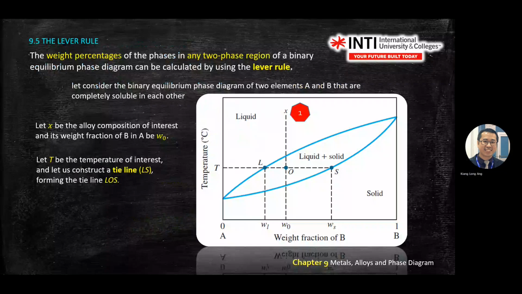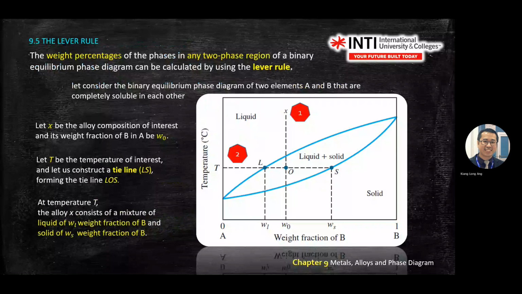Then step 2, this is called the tie line. Then at that temperature, you don't know how many percentage of solid and liquid, right? So step 3 will tell you how many percentage of that.